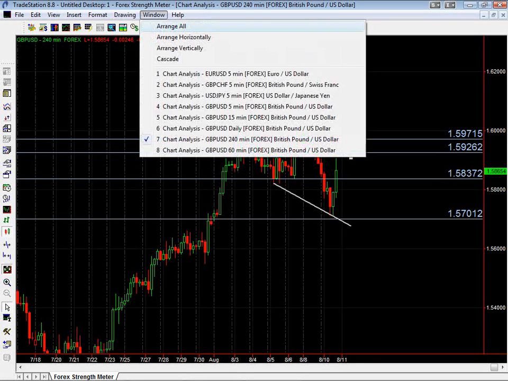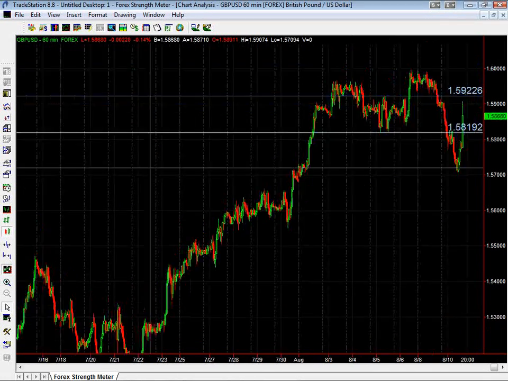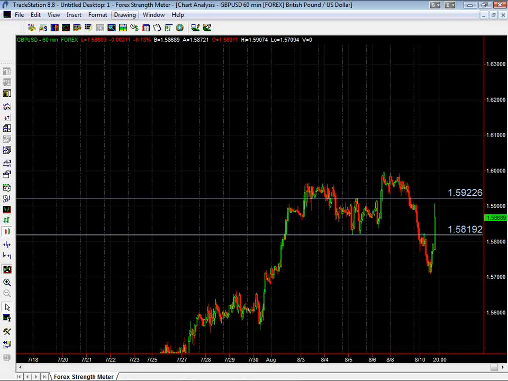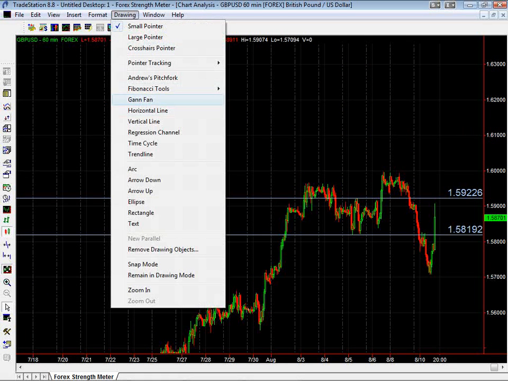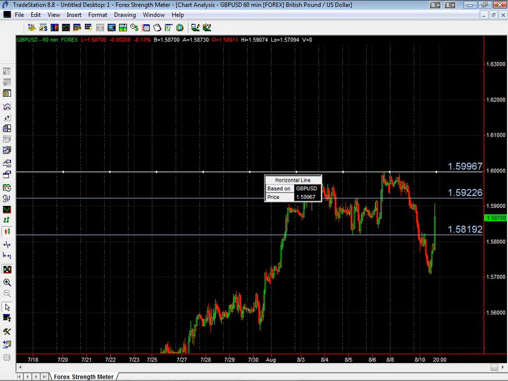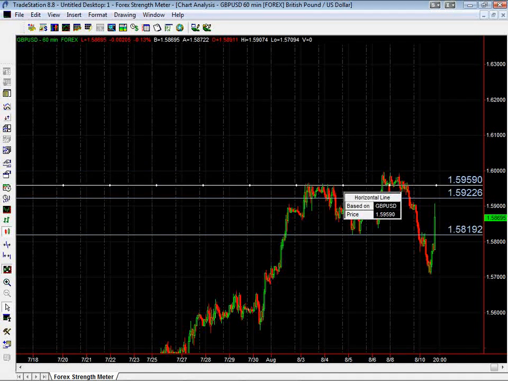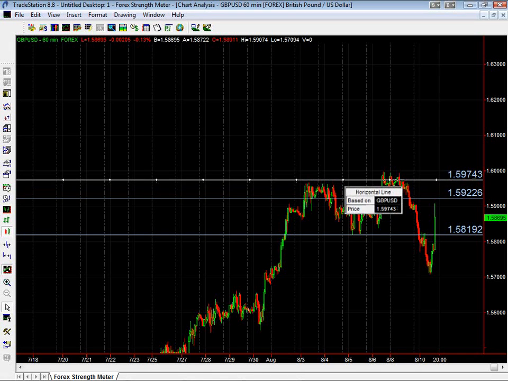An ideal stop loss, let me just pull up the 60-minute time frame. An ideal stop loss would be above these highs out here, but that is about 75 pips from my entry. Another way of placing my stop loss would be to place it above these highs here.